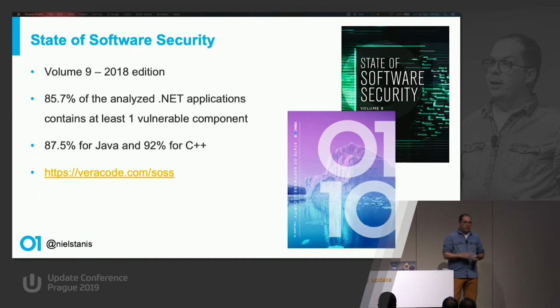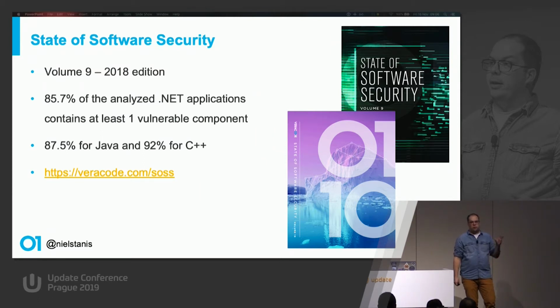And to back it up, I have some statistics. Each year we publish this report, called State of Software Security, in which we take our customer metrics and see how the industry is improving or how new issues are evolving over time. We just released the 10th edition, but in last year's edition we had a special section on third-party risk, and it turned out that 86% of the .NET applications that we have seen with our service had at least one vulnerable component.